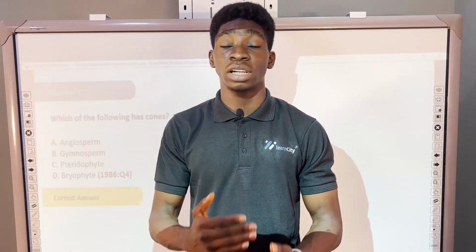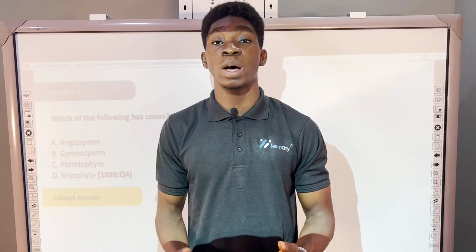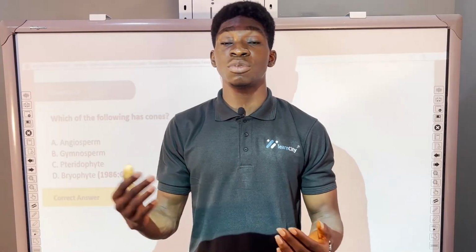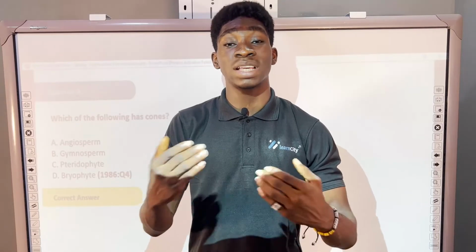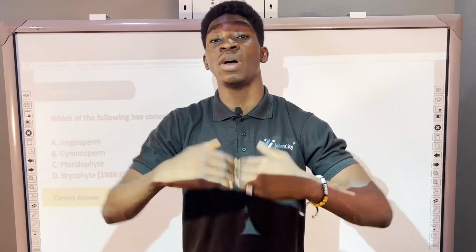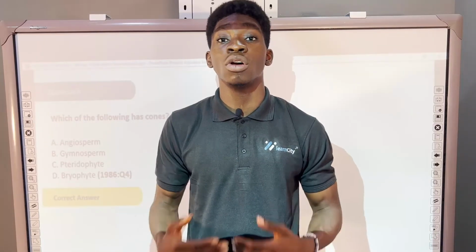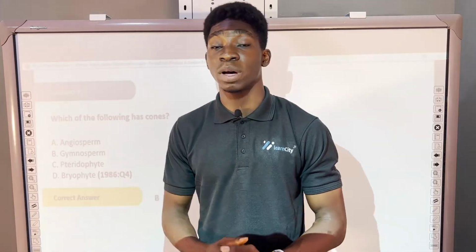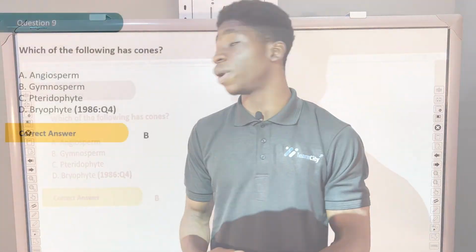The gymnosperms and the angiosperms bear seeds, but the gymnosperms also possess cones. Examples are the pines and the conifers. So they possess cones, and that's the gymnosperms. Correct answer is B, gymnosperms.